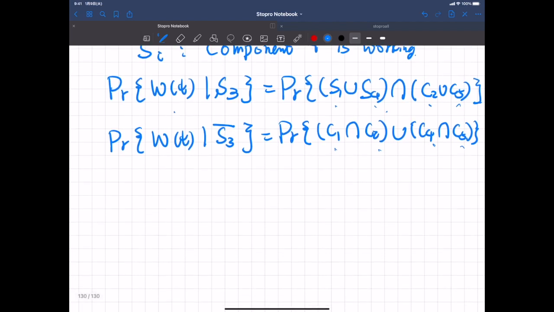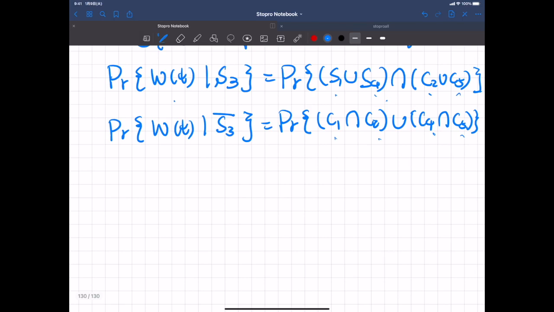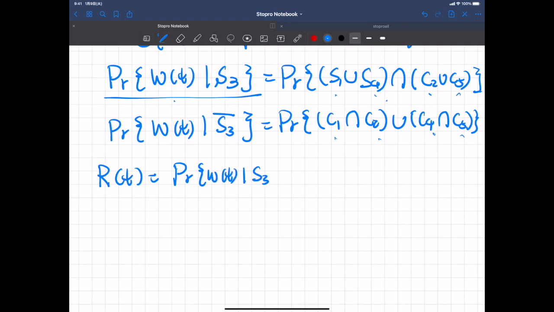So the reliability function should therefore be expressed as this. First, this probability: W_t given S3, times S3. Given that S3 is working, the system is working, times component 3 is working.